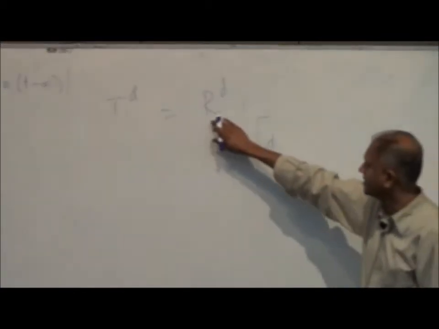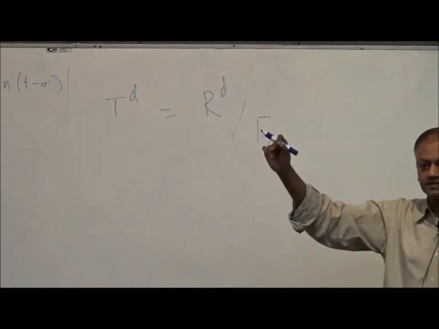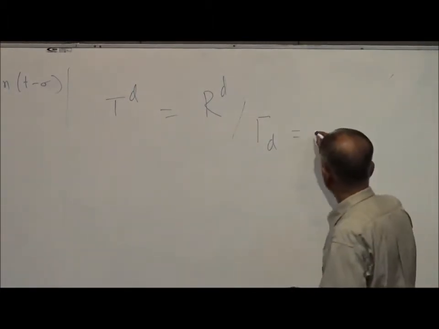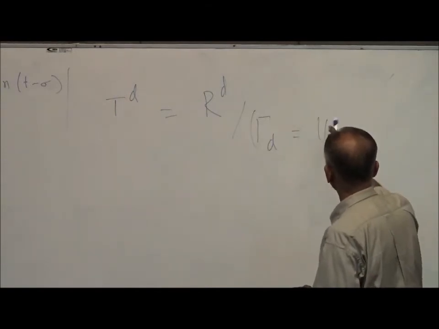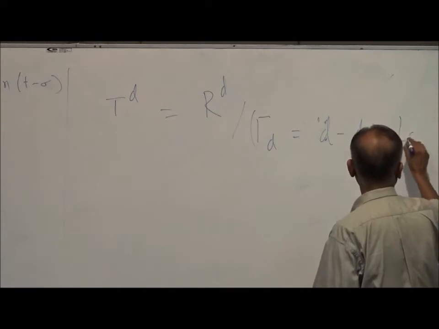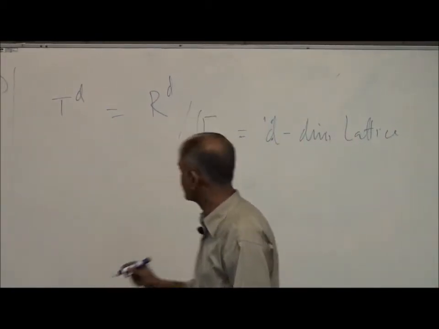So you take any points in this R^d, but identify two of the points which differ by one of these lattice vectors. This is a d-dimensional lattice. That's a convenient way of thinking.